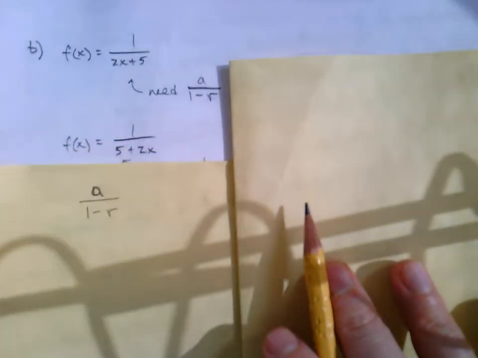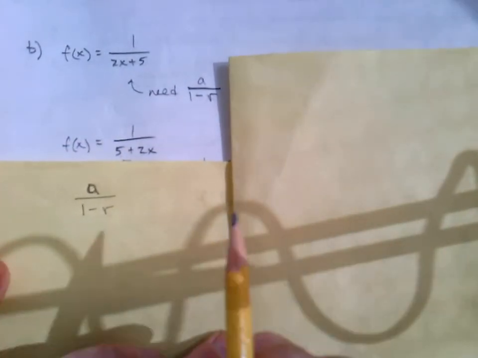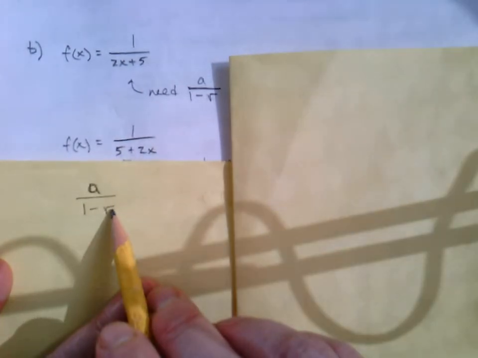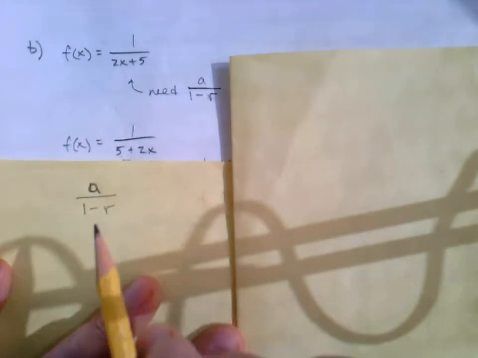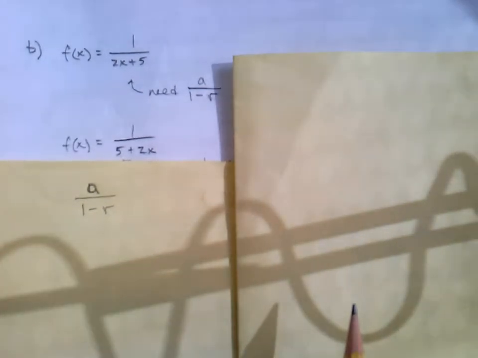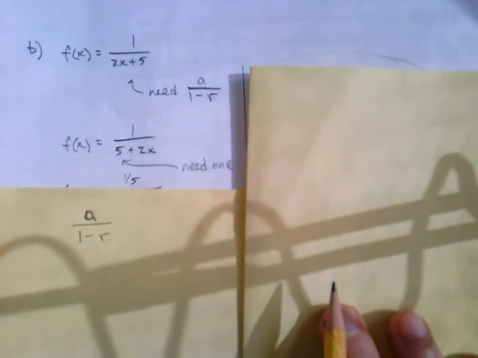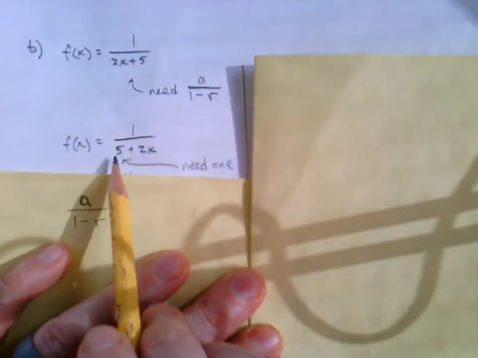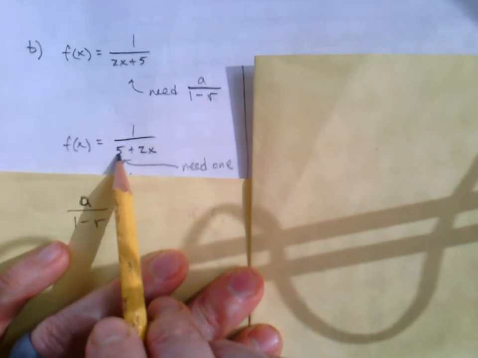So I'm going to begin just by switching the positions. Let's put the x in the second position, kind of just taking an easy step to get it ready. Once I have it written as 1 over 5 plus 2x, now the next goal, you see my note there out of the shadow, I need to make this a 1.